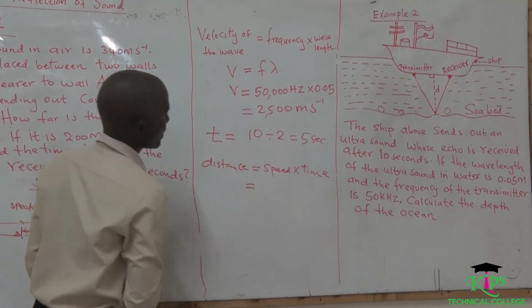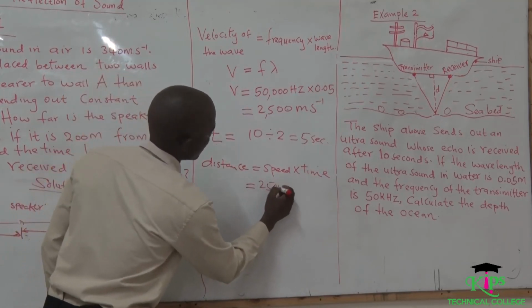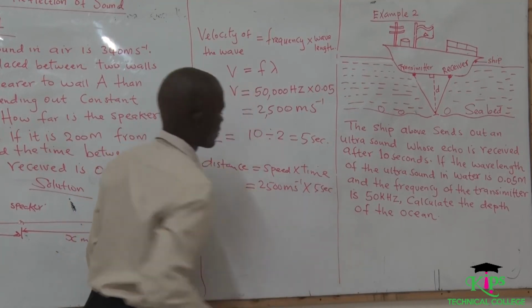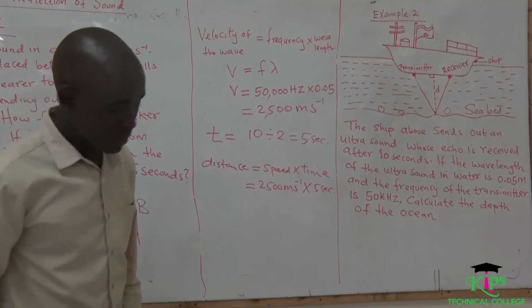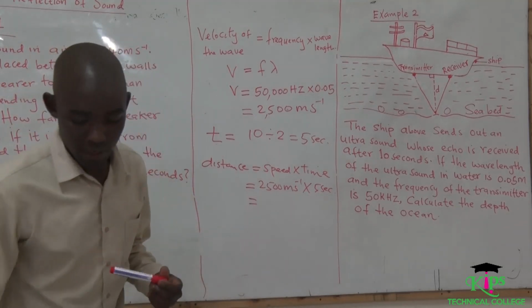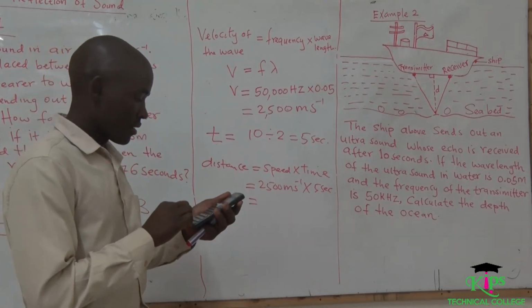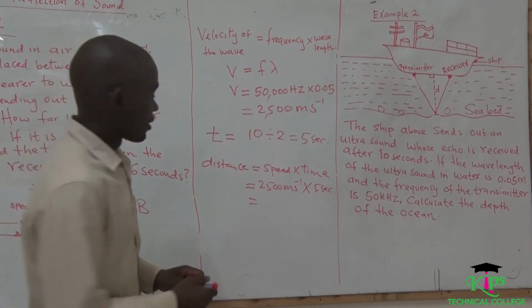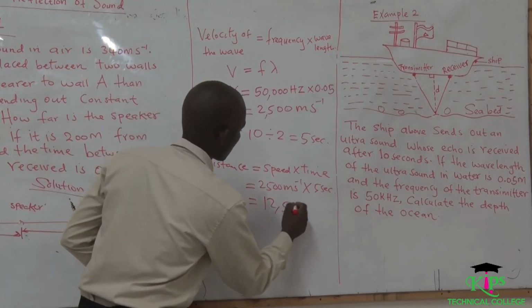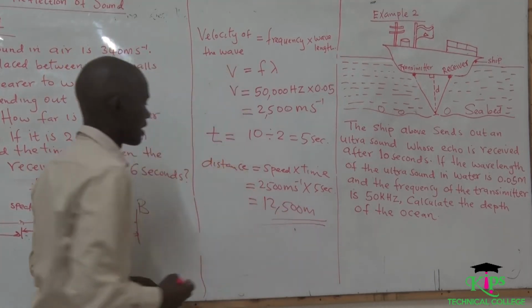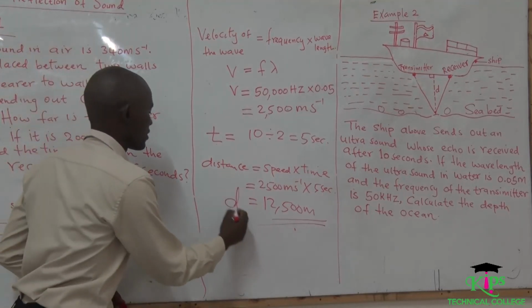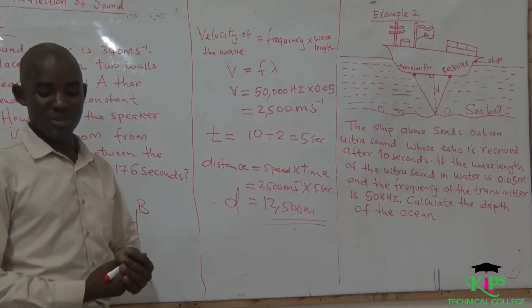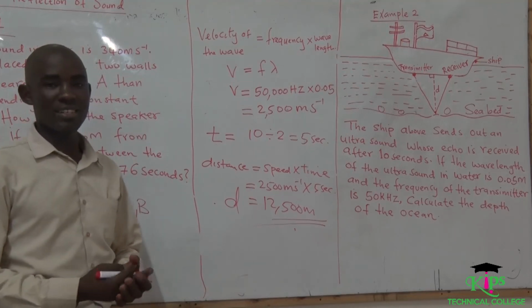So the speed there is 2,500 meters per second times 5 seconds. If you multiply 2,500 times 5, you will get 12,500 meters. So you have now determined the distance, and that is the answer to that question. We stop there, and that is the correct answer. Thank you.